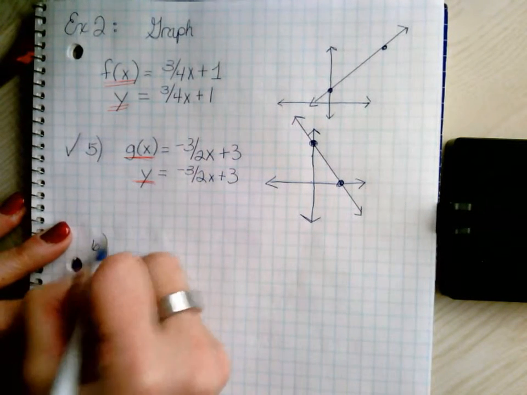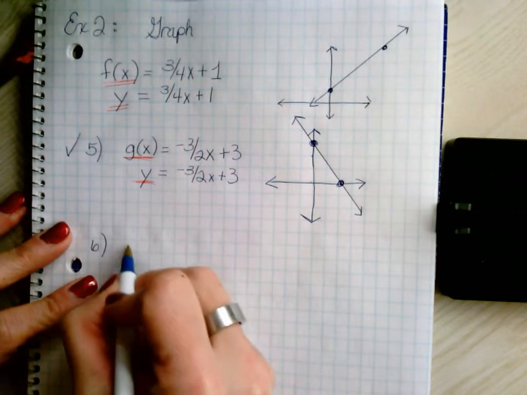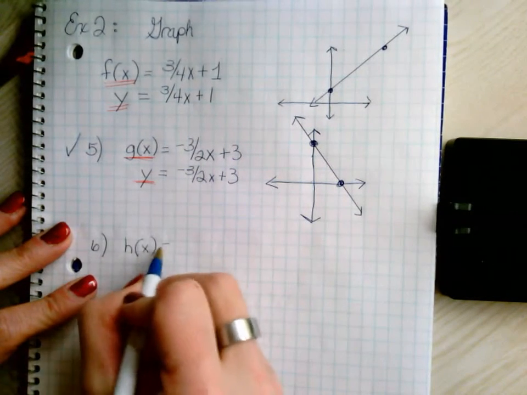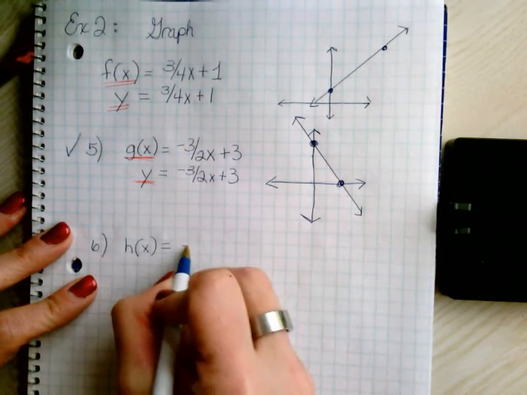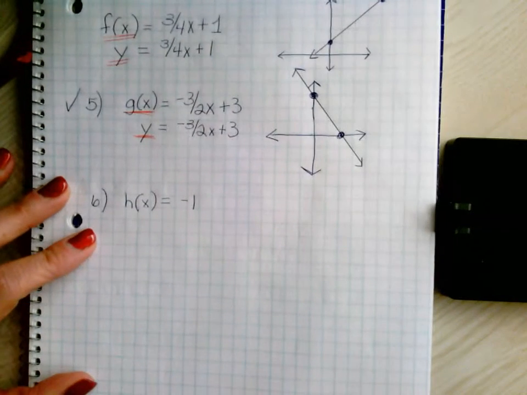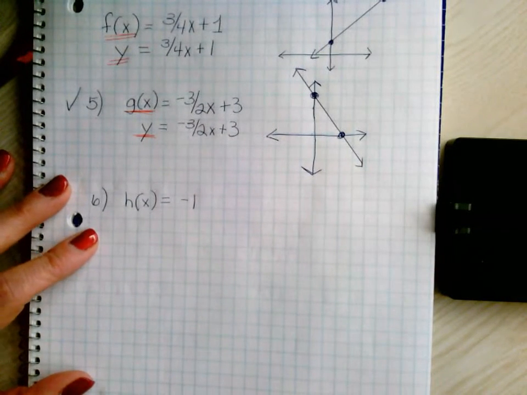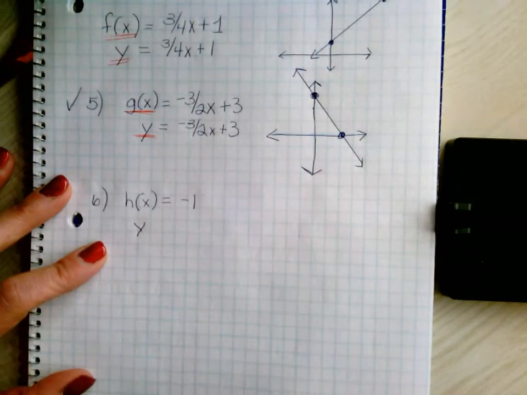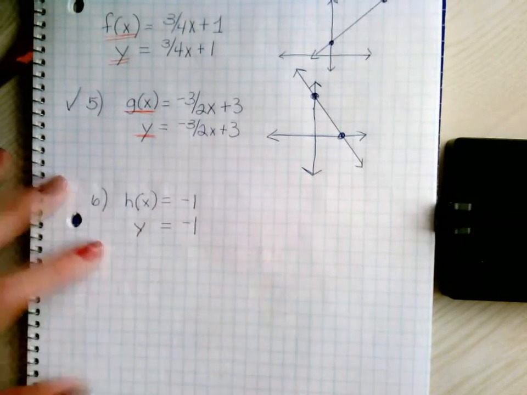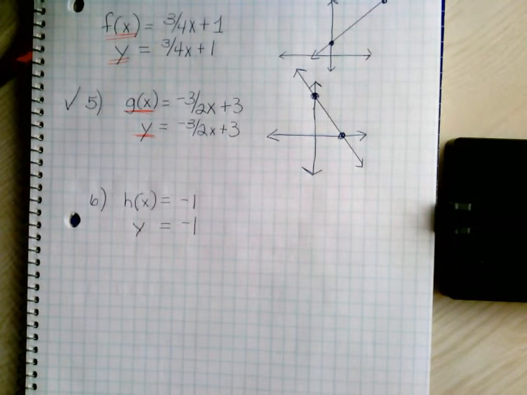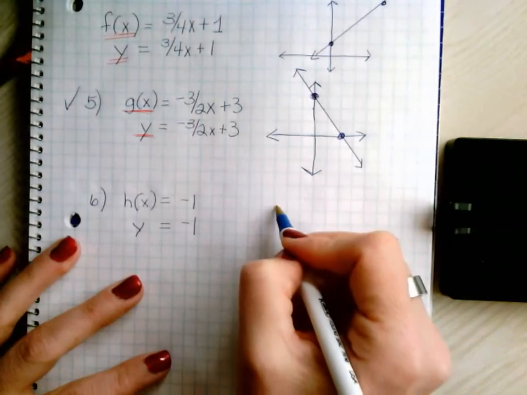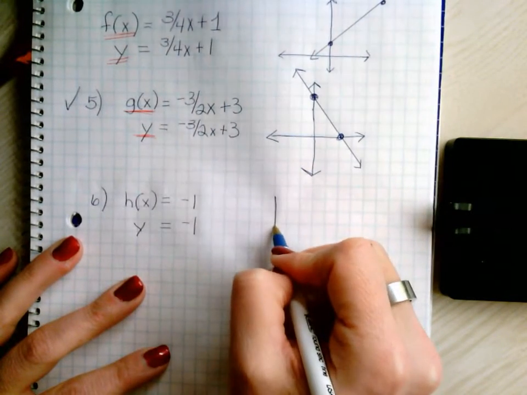Checkpoint 6. Oh, look. h of x is -1. Step 1. Replace the function notation with a y. y equals -1. That means x can be anything, but y is always down -1.